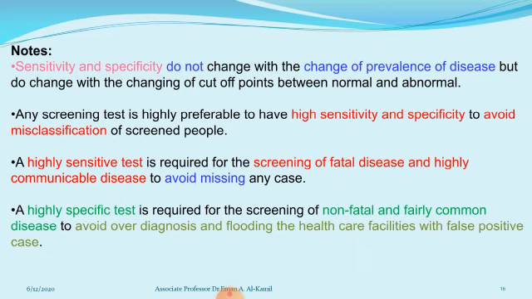The cutoff point means at what level we regard the individual positive or negative. And this is used in those which we have what is called continuous data. We have to put a cutoff point, for example, at what level we can regard the individual diabetic or not diabetic.